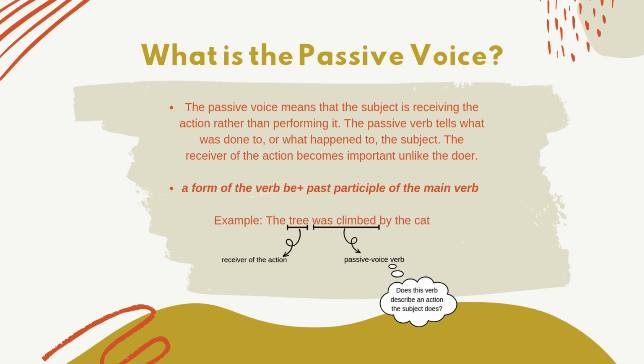Does this verb describe an action that the subject does? No, it describes an action that the subject receives. So the focus here is on the tree, the receiver of the action. The tree is a subject that receives the action of climbing. We're no more interested in the doer of the action, which is the cat.